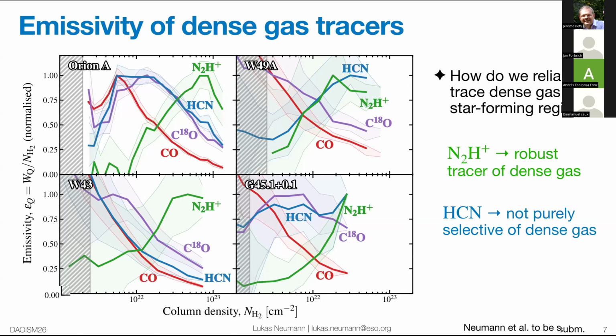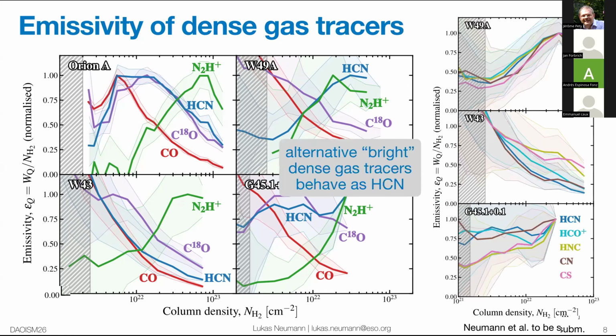And this is also quite consistent with what we find in more local clouds in the Milky Way. What I found interesting though, and this is also consistent with what Mario showed, is that all of these alternative brighter dense gas tracers like HCO+, HNC, CN, CS, behave very similarly to HCN.